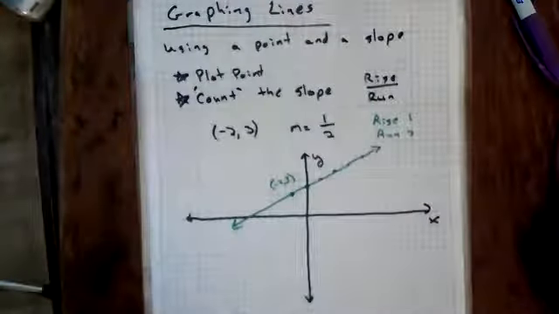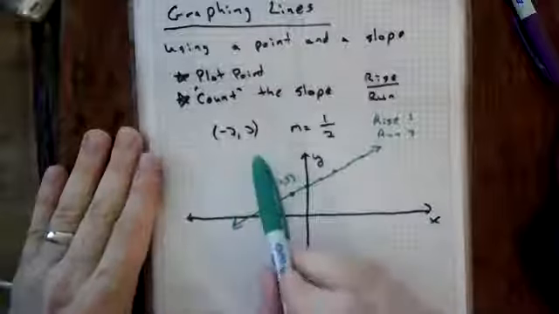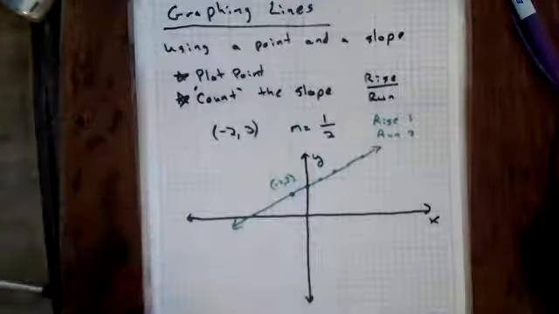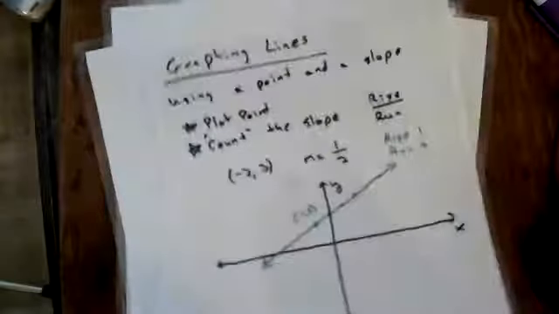Now, here I just explicitly gave us a point and a slope. But a lot of the equations actually have this information built into them.